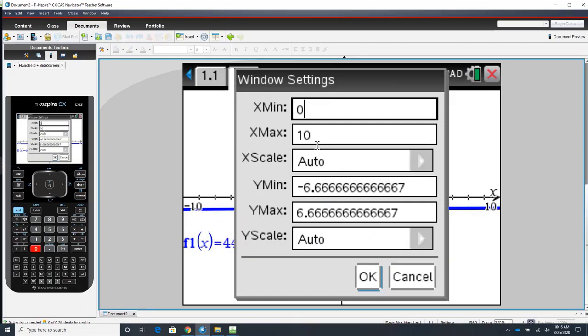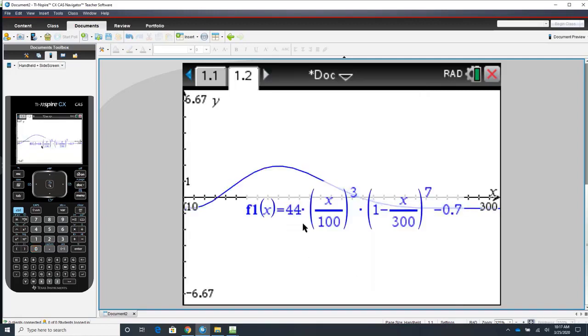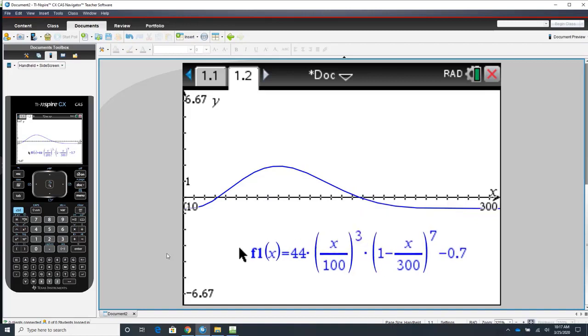I'll take between 0 and let's say 300. Usually it's good to take a little bit larger than that, but it's okay right here. And I'm gonna graph this function. Now I can see that here that's the derivative of q of t. So there are two critical values.